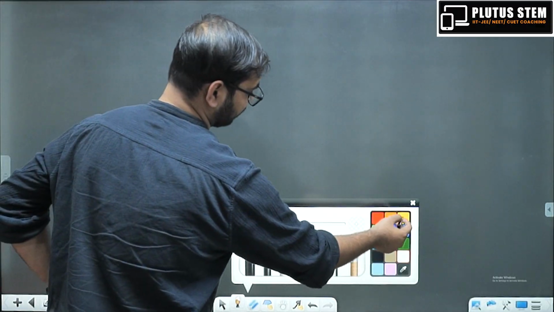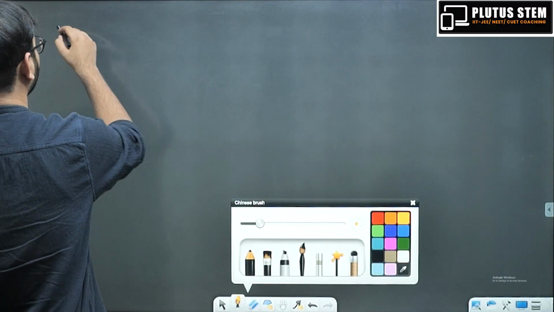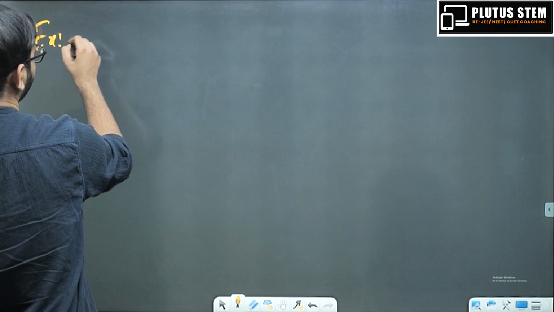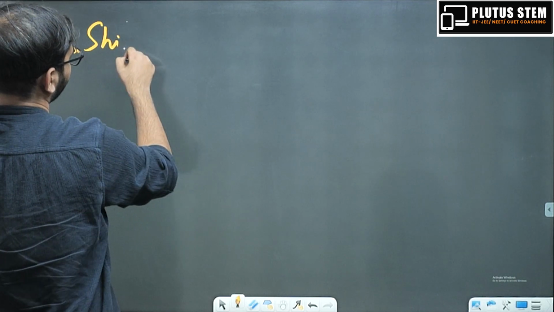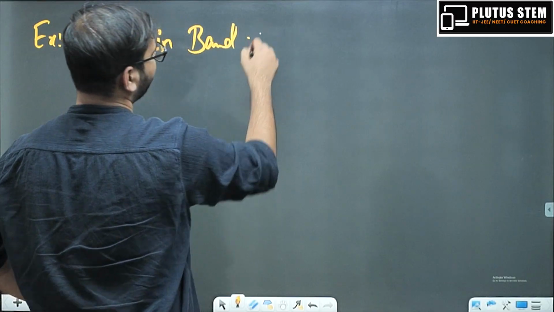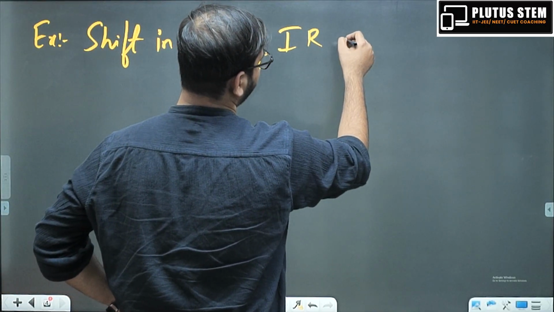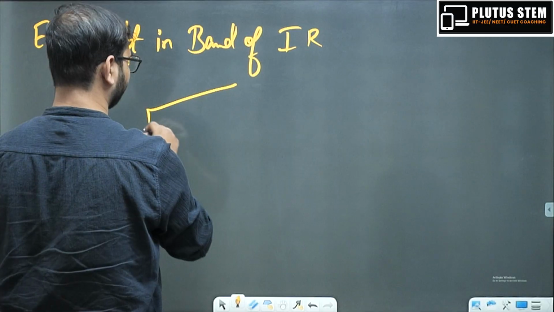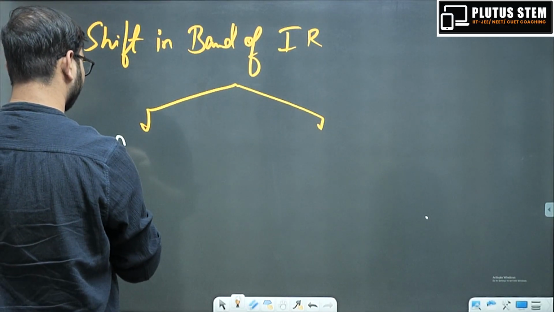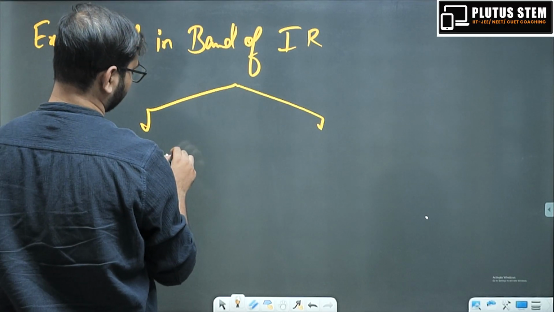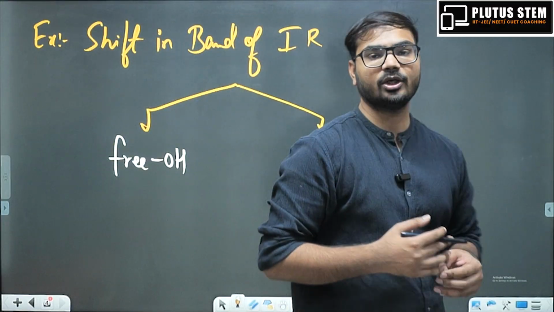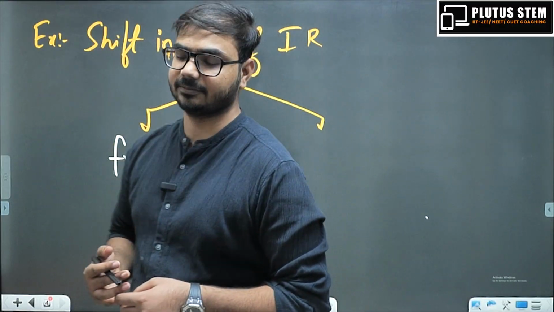So, taking examples of shift in bands in IR, the shift in bands because of hydrogen bonding can be divided into two categories. First, the shift that you can see in the case of a free OH group, an OH group which is involved in neither intermolecular nor intramolecular hydrogen bonding.